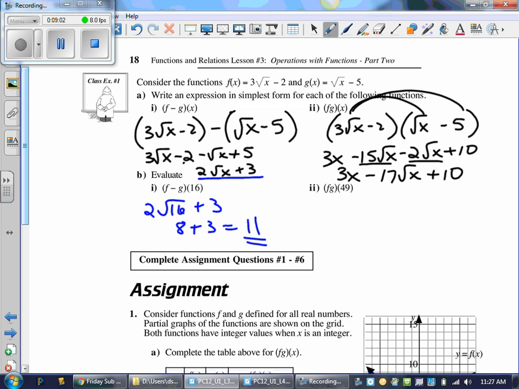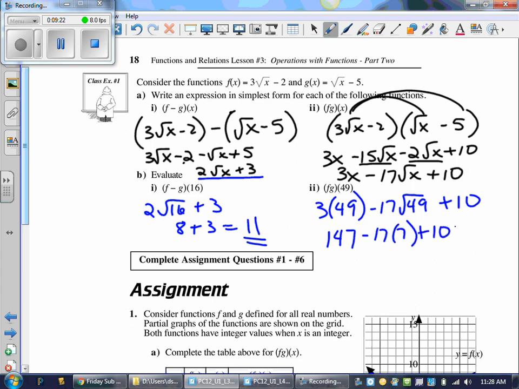We have multiplied our functions together, so now we can put 49 in here. We're going to get 3 times 49. Do the math. 3 times 49 is 147. And then we're going to get minus 17 times 7 plus our 10. When you type it all in, you will get 38.